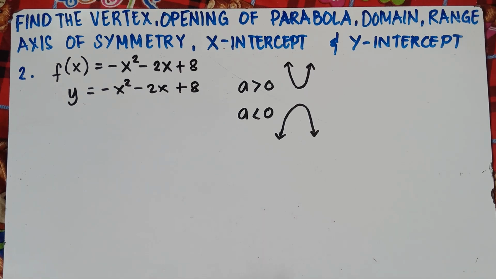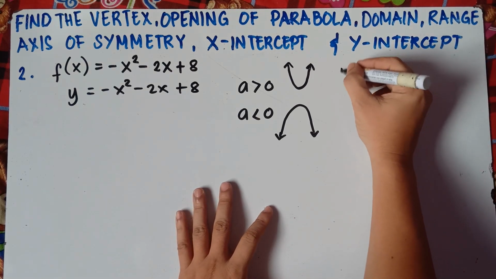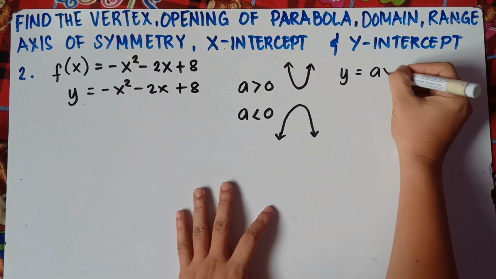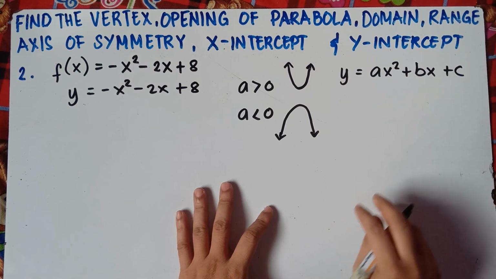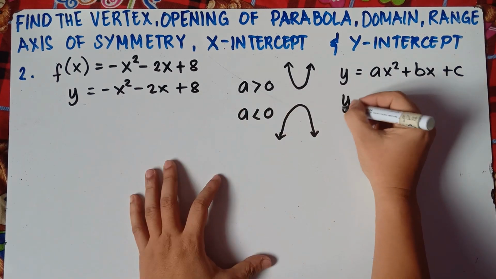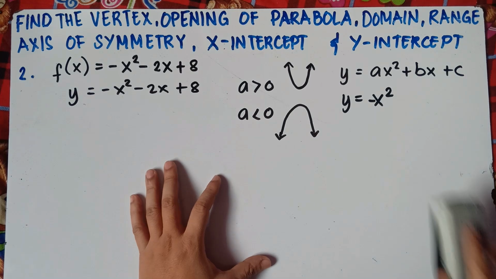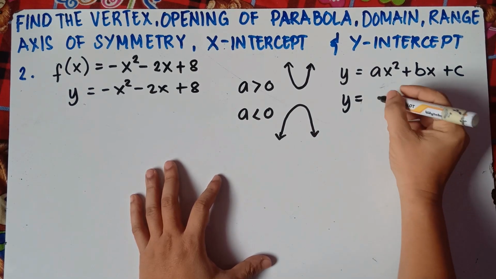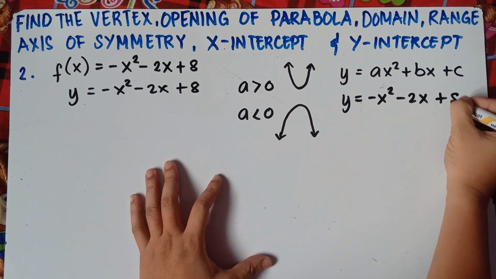Do you still remember, class, the standard form of the quadratic function? We have y equals ax squared plus bx plus c. So in our example, let me write the equation: y equals negative x squared minus 2x plus 8.